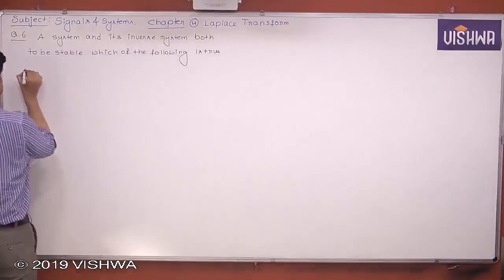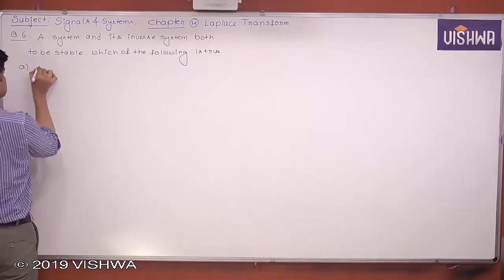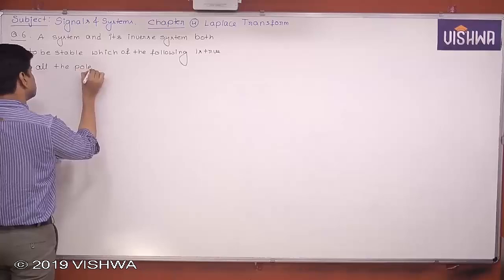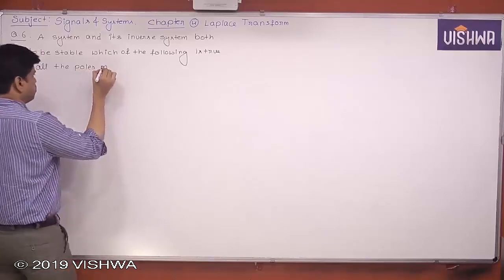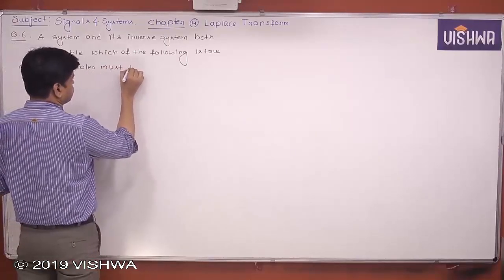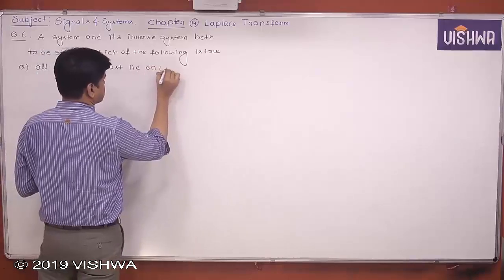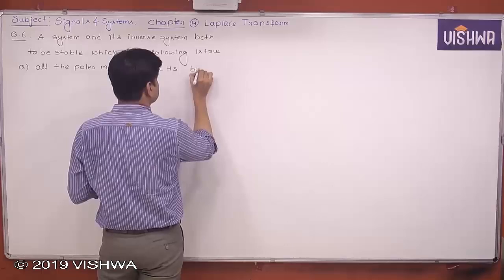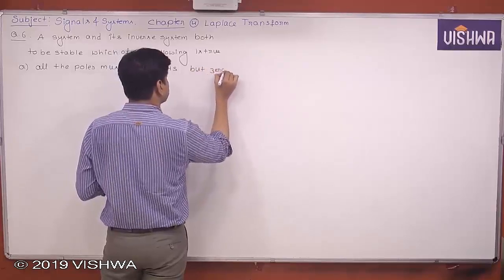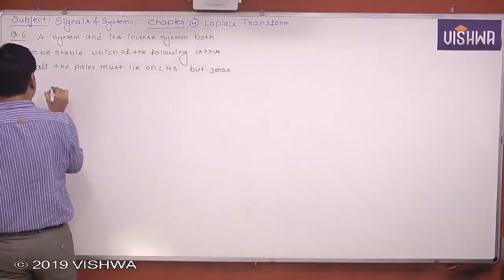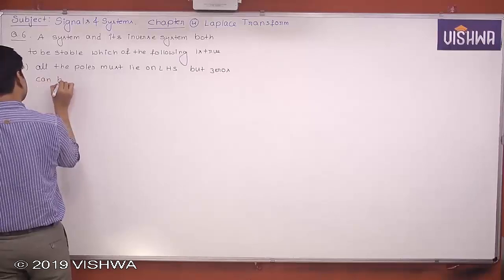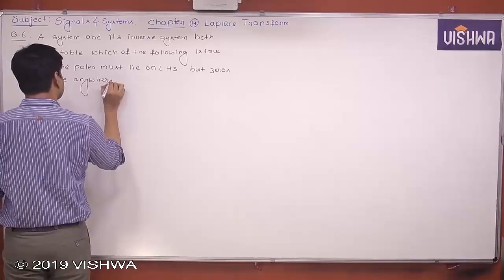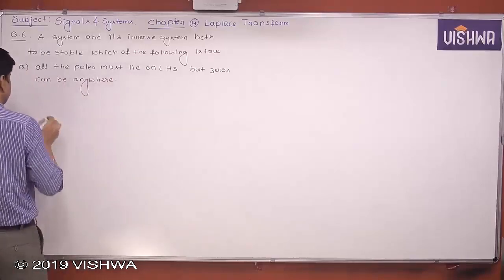Option A: all the poles must lie on the LHS, left half of the s-plane, but zeros can be anywhere.